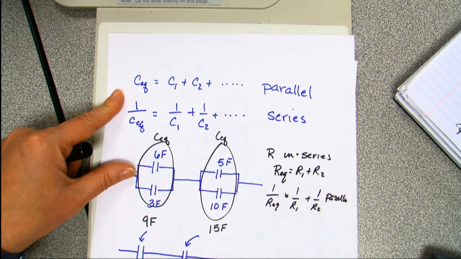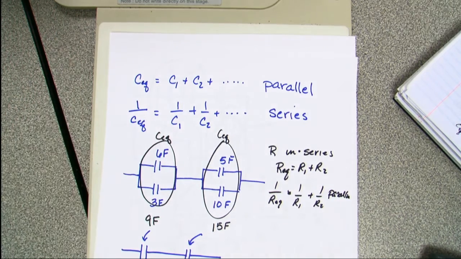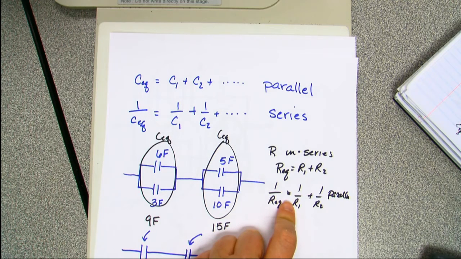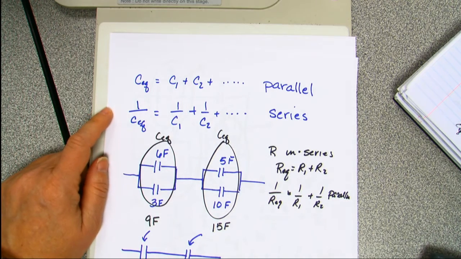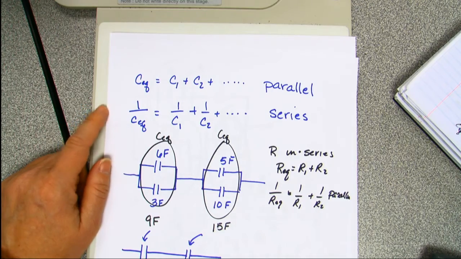Which you guys already found out in the lab. And it can get me myself confused. So that's one of the reasons I give you a cheat sheet, so you can help keep yourself from getting confused. Because resistors are going to do something a little different in parallel, or in circuits.